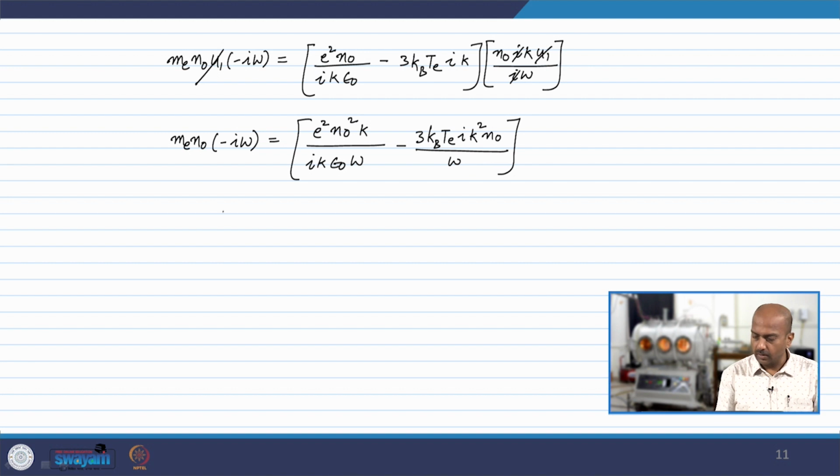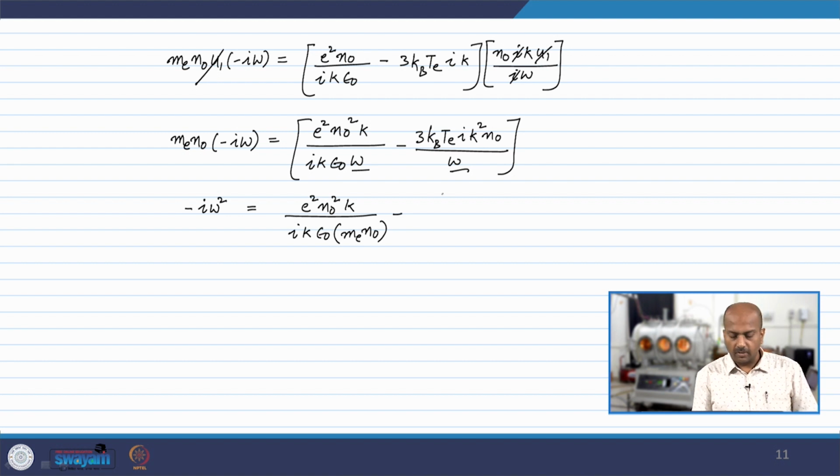So, we will take the omega in the denominator to the left hand side, and we will write minus i omega square is equal to e square n naught square k divided by i k epsilon naught times m_e n naught.